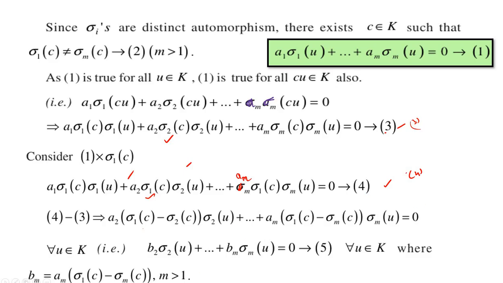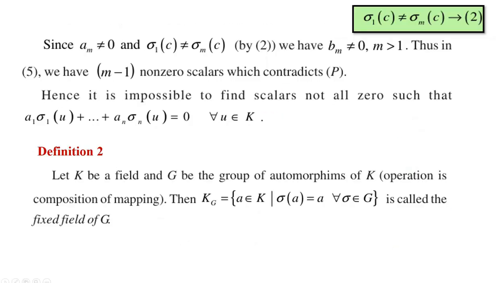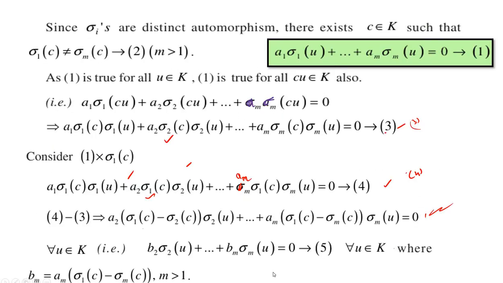Now for every u in K, just for the sake of simplicity we are taking this whole lot as B2 and so on, this is taken as Bm. So B2 sigma 2 of u plus and so on Bm sigma m of u equals 0. And this is named as equation 5 for every u in K.